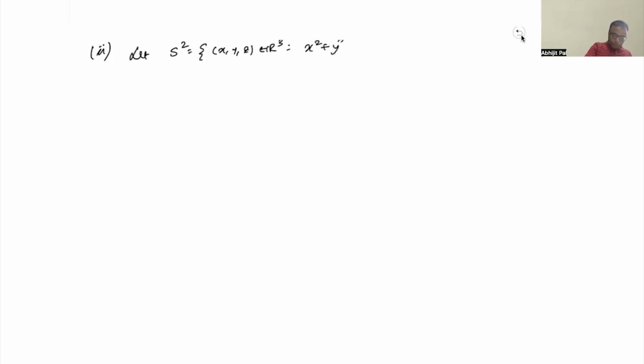Okay, and the second example, so let us take the unit sphere in R3. So this is the equation of the unit sphere in R3. Okay, and now what do we do? We'll take a map from an open subset of R2 to R3 such that the image will be a subset of this S2. Okay, so how are we going to do that? So suppose this is my R3, and now let us take the sphere.